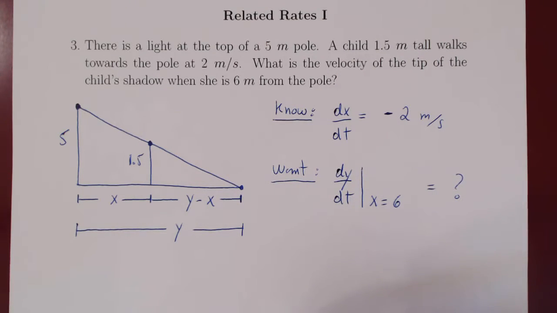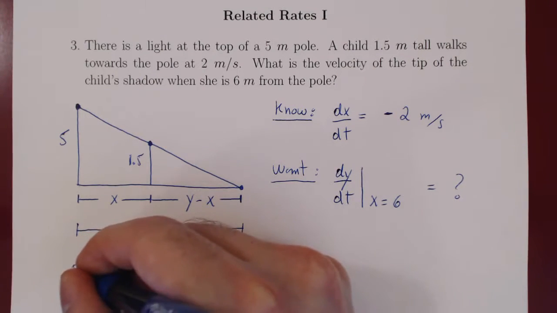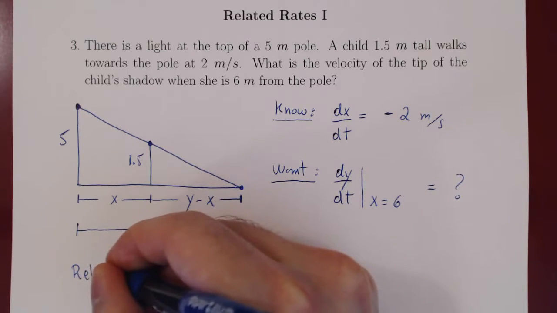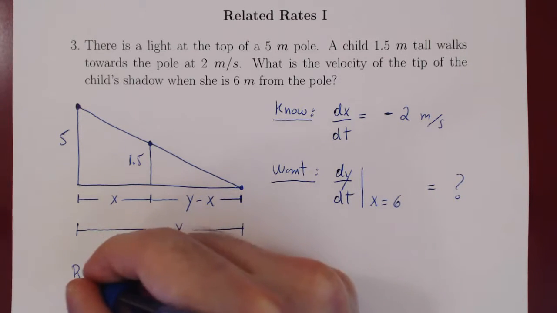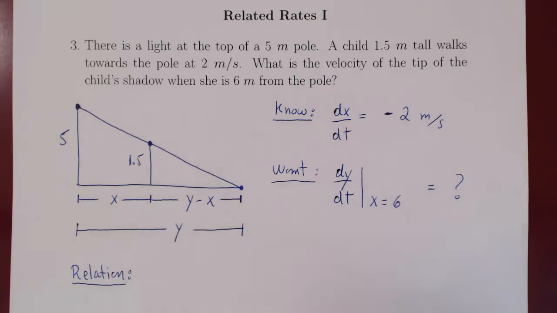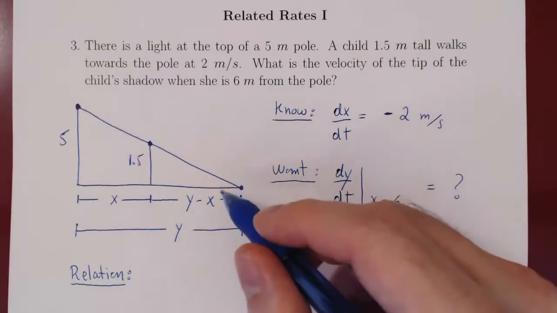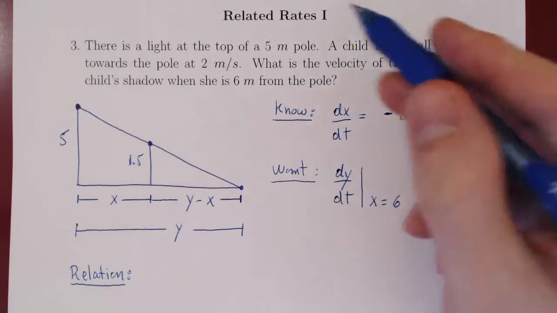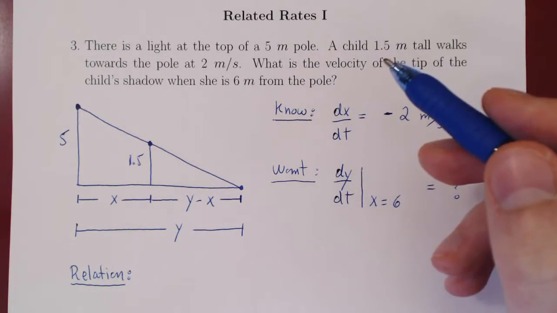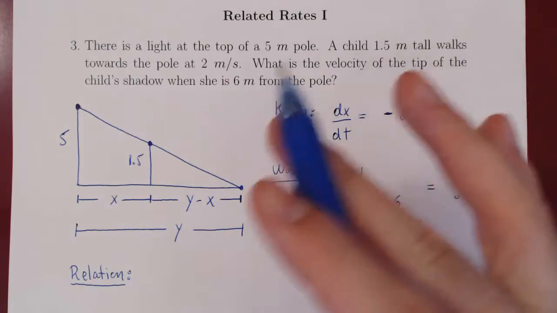So now we're looking for, as always, our relation. Well, let's see what we have here. There's no need to introduce angles because nowhere in here are we mentioning angles. We don't know anything about them.